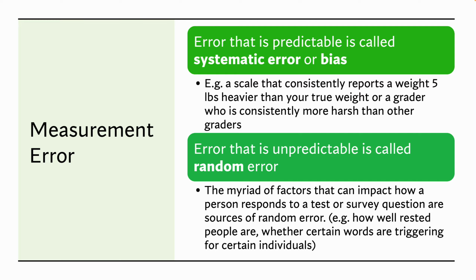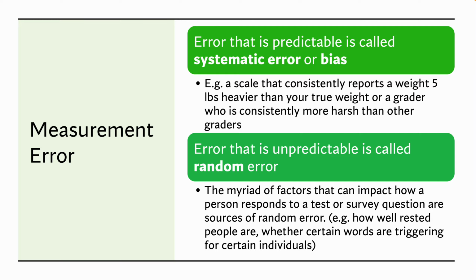There are a lot of different factors that can impact how people respond to, say, test questions or survey questions. Those factors, those things that you aren't really considering that everyone brings to the table, are sources of random error.